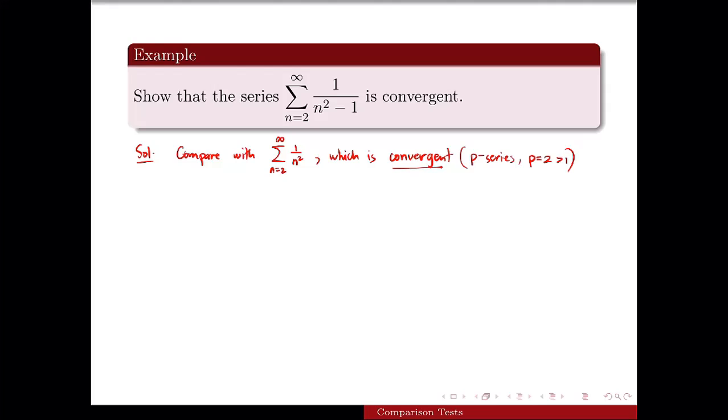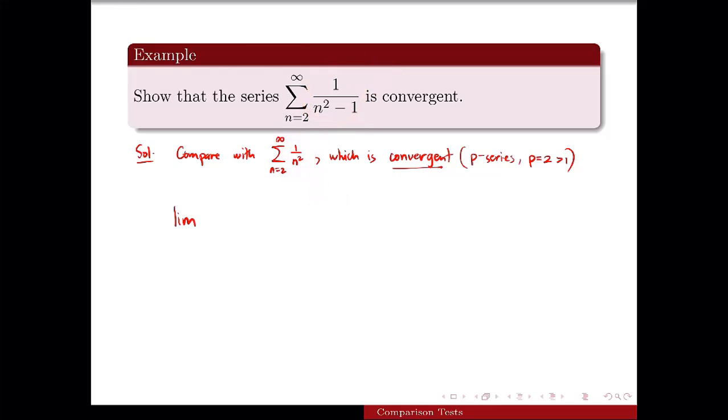So we want to compare this series here with this series. You can say this is your BN or this is your AN. So this guy here is your AN, this guy here is your BN. But it doesn't matter.